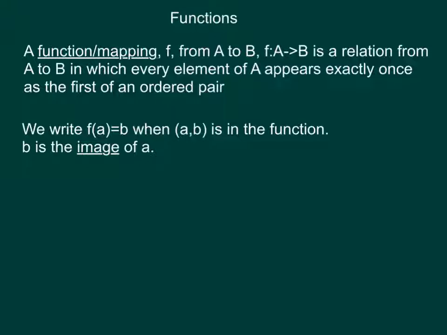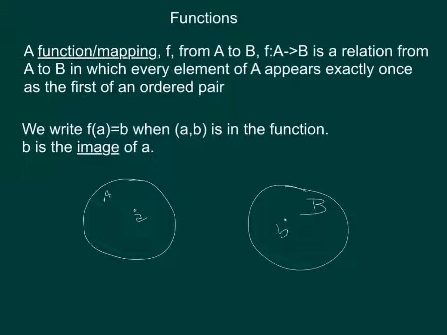So this definition is absolutely consistent with the definition you learned in algebra in high school. We also have a drawing where we can draw set A and set B, and we say f maps elements of A to elements of B.